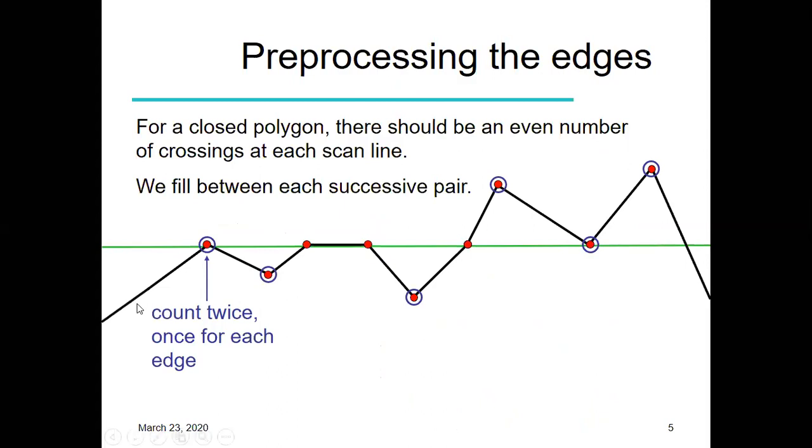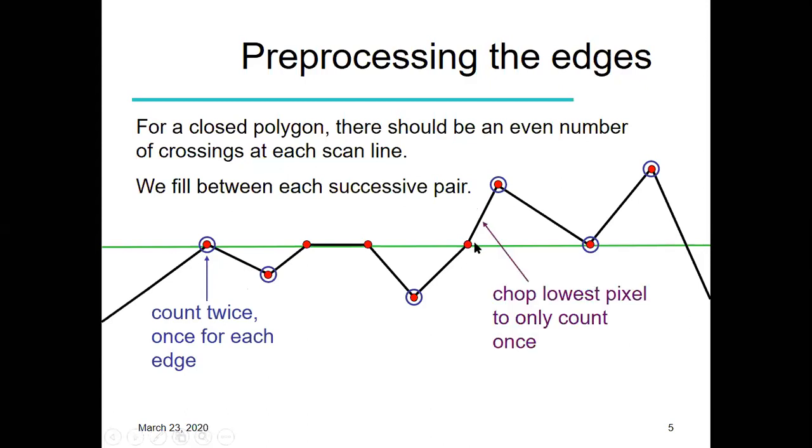There are two edges here, edge number 1 and edge number 2, a conjoint vertex. We take this one as x1, y1 to x2, y2, and again the same point as x1, y1 for the other edge with its x2, y2. So whenever you have a conjoint coordinate, make sure you count twice, once for each edge.